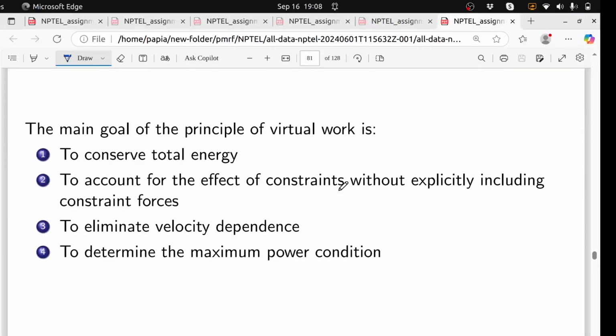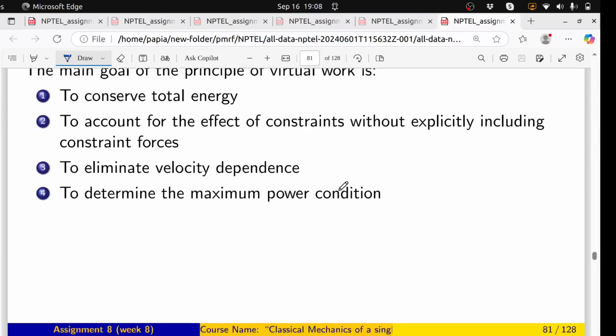Okay. Now coming to question number 17, here also they are asking what the main goal of the principle of virtual work is. Okay. So again, the main goal is to eliminate the constraint forces from the equations of motion.